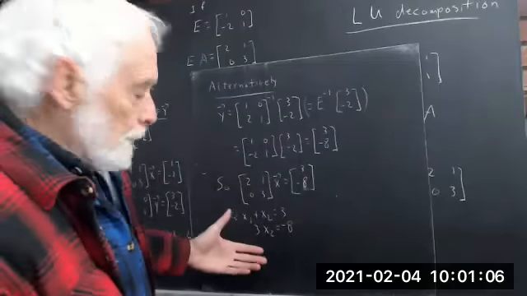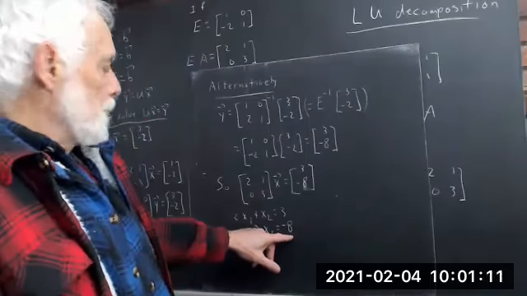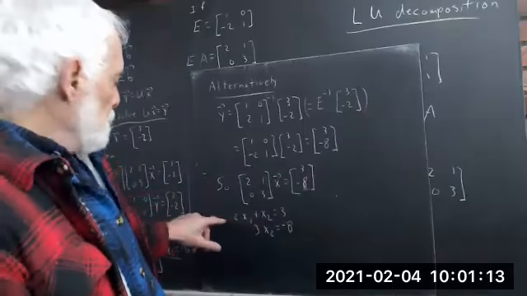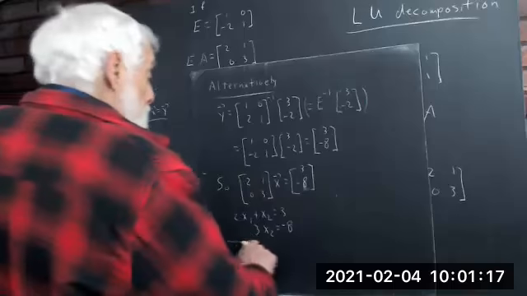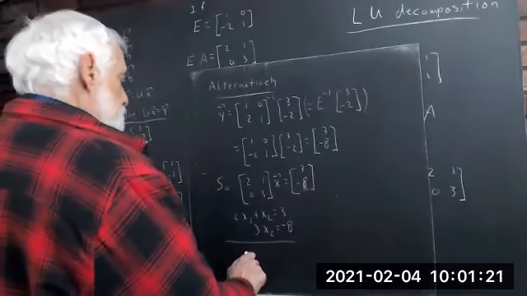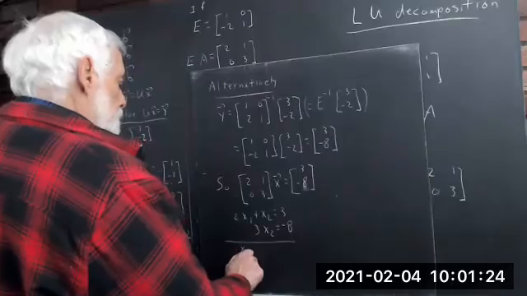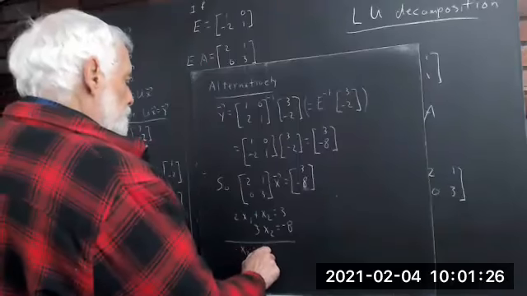And a very easy system to solve. Solve the last equation for x2 and then use back substitution to find x1. That's really ultimately all we're doing. So we have x2 is negative 8 over 3.